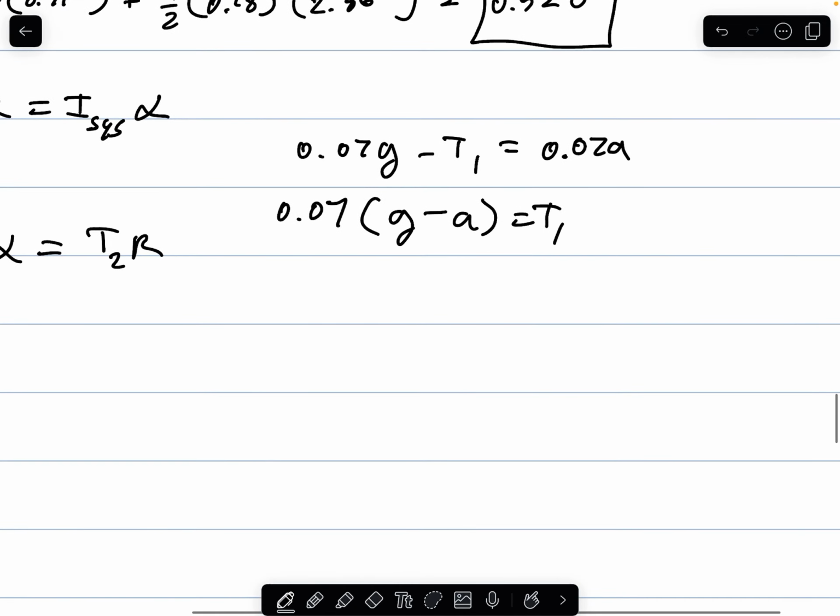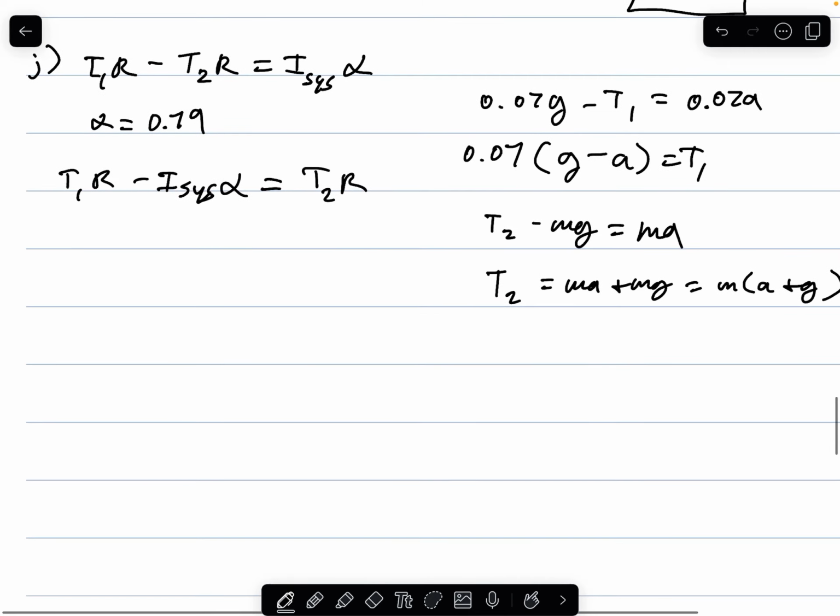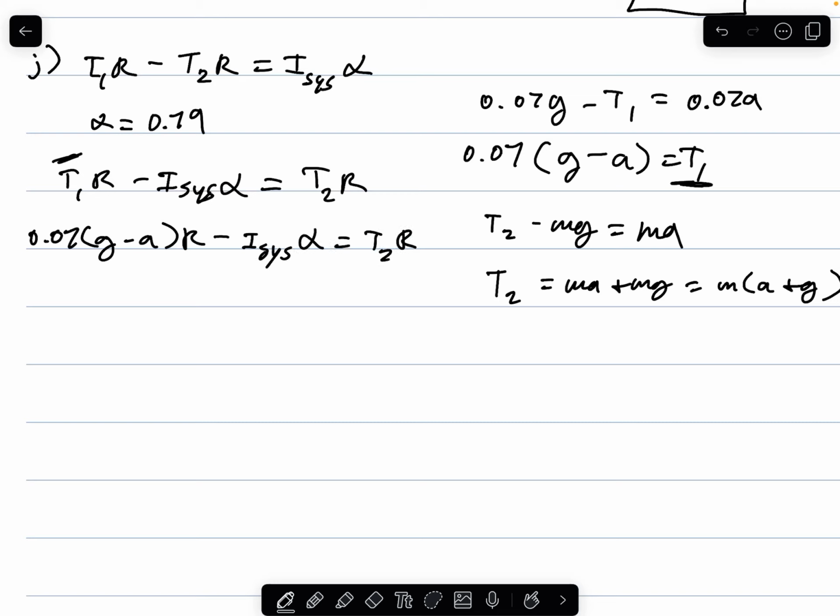And then for T2, I know T2 minus mg, where m is the unknown mass, and now you just add mg to the side, take out the m because you want to find that. So now I just plug in tension 1 right here. So 0.07 times g minus a, times radius, minus I times alpha equals T2 times r.